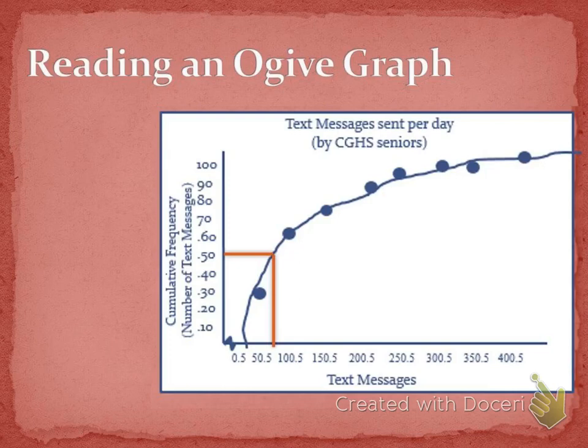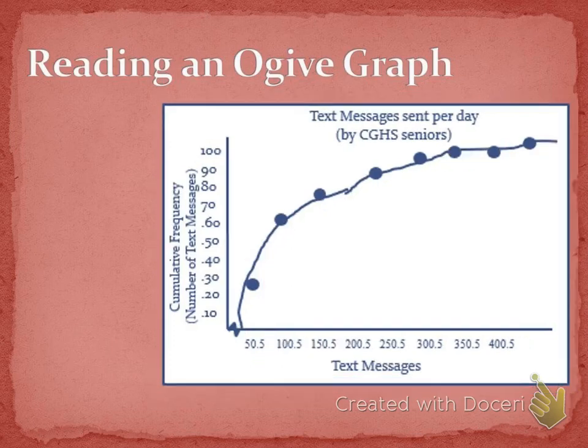Where? And you have to kind of guess, right? Somewhere right around, I don't know, 90. That may not be exactly right, but that's okay. We're somewhere in there. So 90 text messages a day would put you about middle of the pack. Okay?